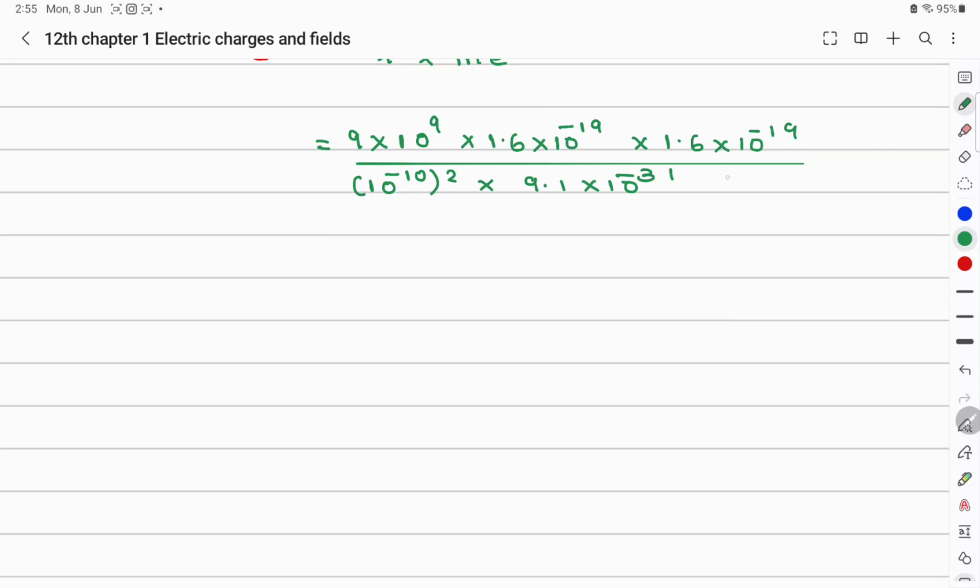So after calculating these values, we will get the final value as 2.56 into 10 to the power of 22 meter per second square.